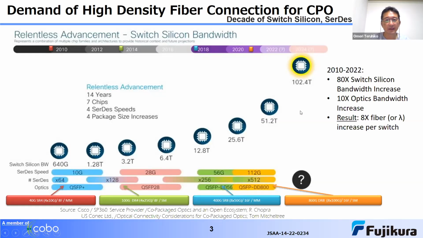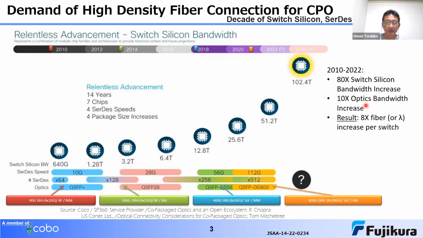This is a decade of switch silicon, SerDes, and parallel optics. Due to relentless advancement between 2010 and 2022, switch silicon bandwidth increased by 80 times from this to here.